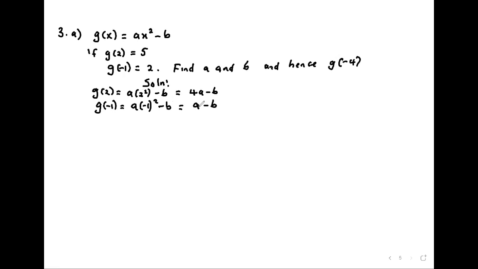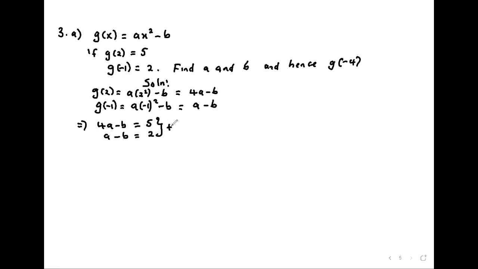Now we are told if g of 2 is equal to 5, meaning 4a minus b is equal to 5, and g of -1 is equal to 2, meaning a minus b is equal to 2. Find a and b. So you solve simultaneously.